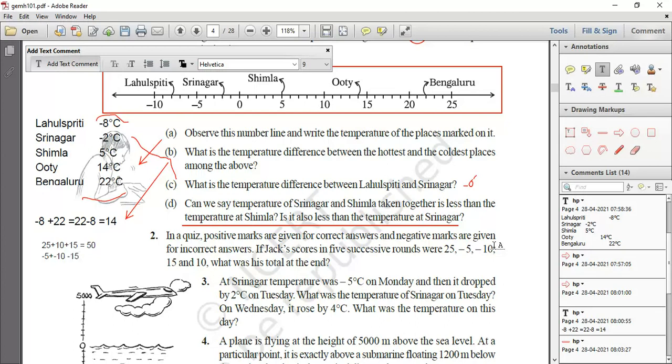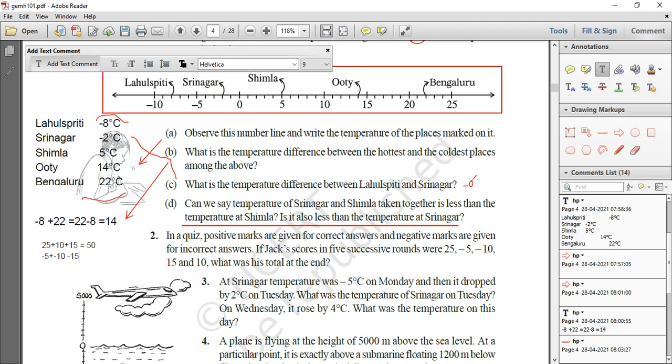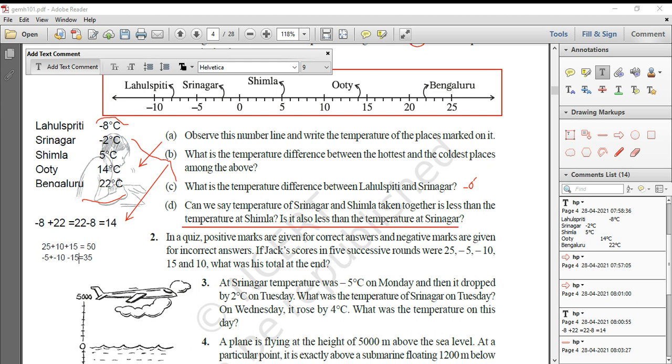So subtract -15 from 50 and your answer is ready. The answer is 35. So 35 is the answer of this question. So the total mark was 35.